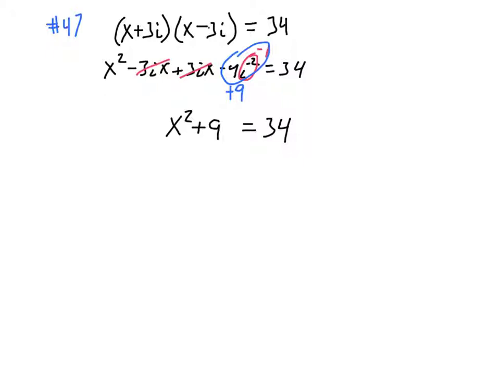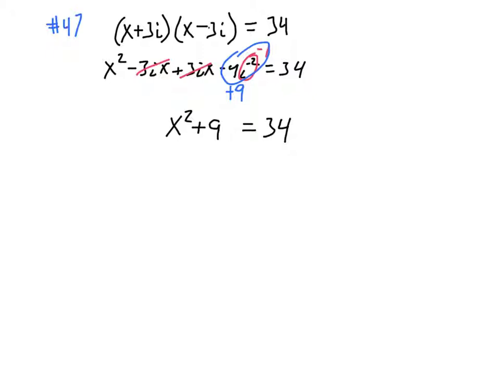I told you there was no rule for the sum of perfect squares, which I kind of lied to you about, because the reason is there's no rule if you're dealing with real numbers. Look at how that guy factored. X squared plus 9 factors into a very similar form, x plus 3, x minus 3, but now we have to use imaginary numbers. It's x plus 3i and x minus 3i.